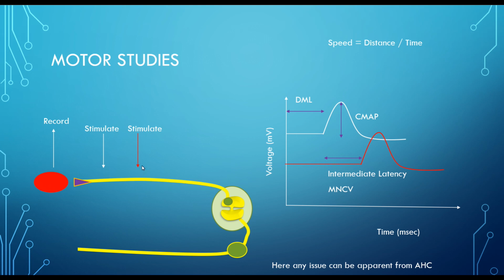So for the most distal part of conduction, we rely on the distal motor latency. For more proximal stimulation, we can get motor nerve conduction velocities calculated from any of those individual points.